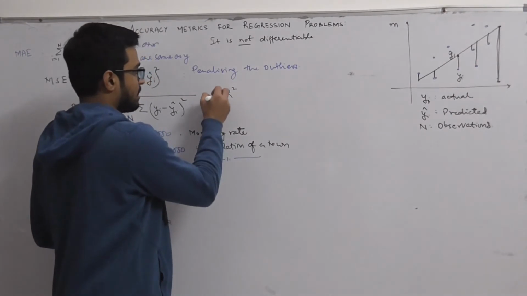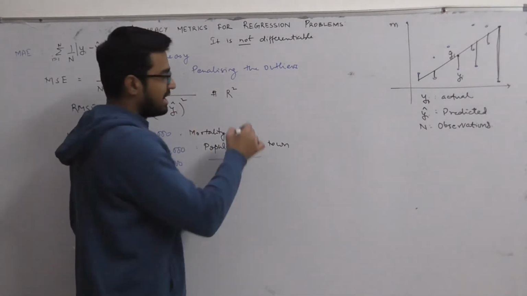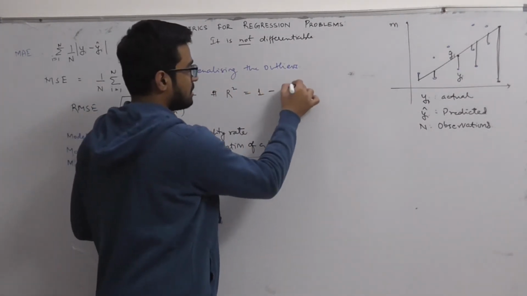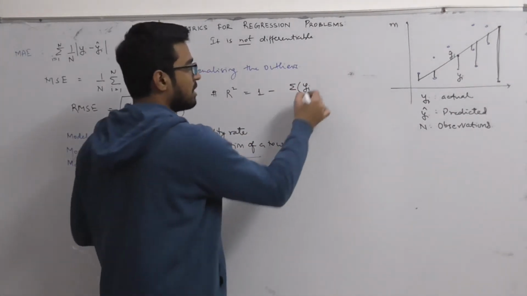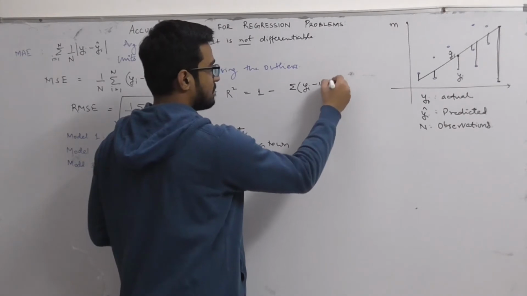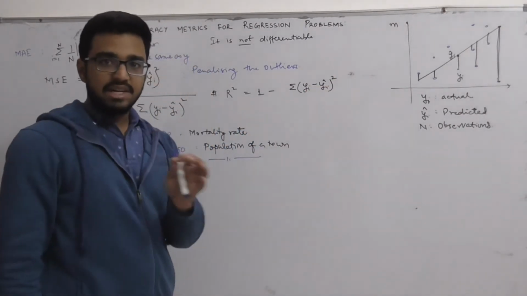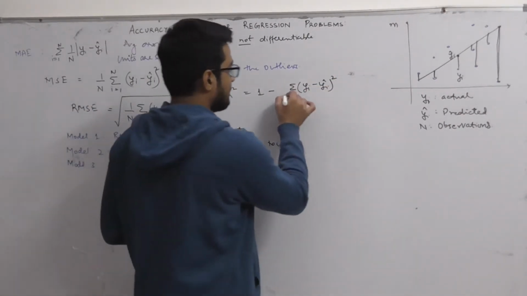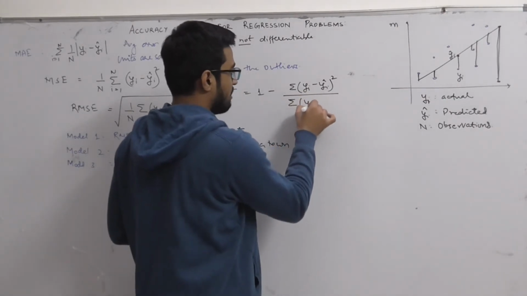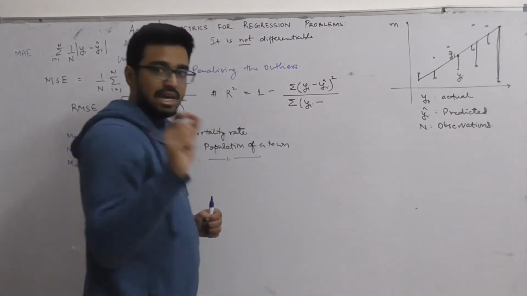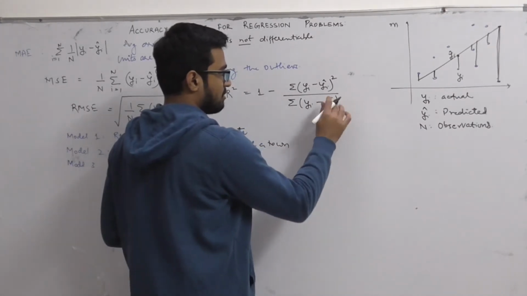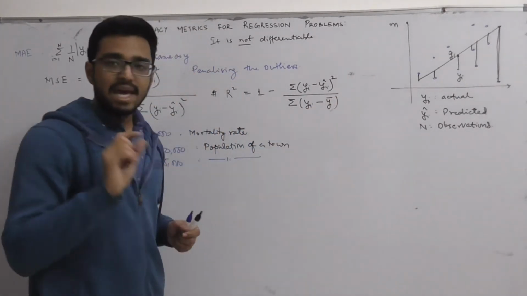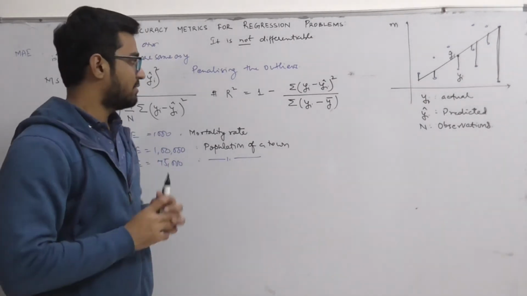R square is defined as 1 minus summation (yi, the actual value, minus yi cap, the predicted value) whole square, divided by summation of (yi, the actual value, minus y bar), that is the average value of all the target variables.